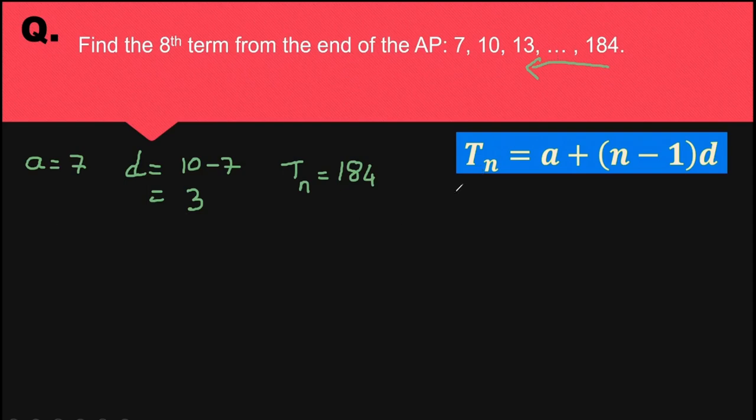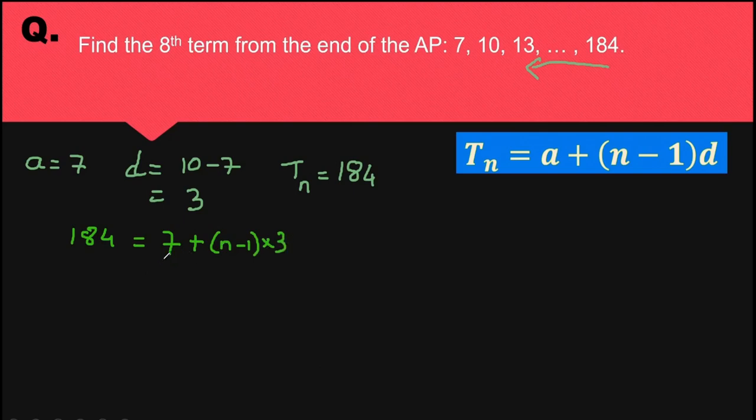Putting in this formula all the values that we have, Tn, that is 184, equals a, 7, plus n, we don't know, so n minus 1 times d, that is 3.